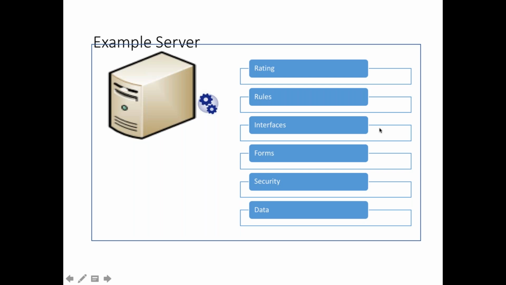Okay, so let's talk about the specific roles that it plays. The first one is rating. Rating is nothing but pricing. So the pricing calculation, or we can say the premium calculation, is done through the example server. It instructs different components, like example author, example express, even the database, and third party web services.